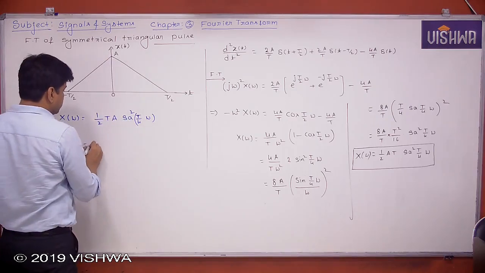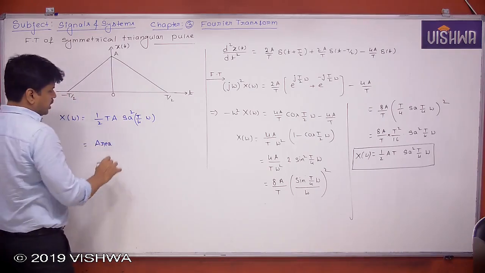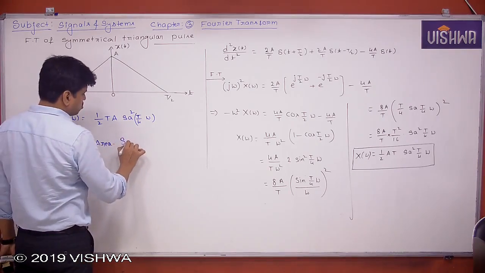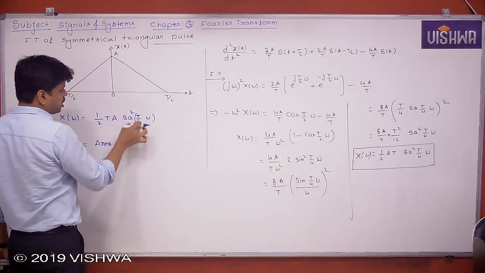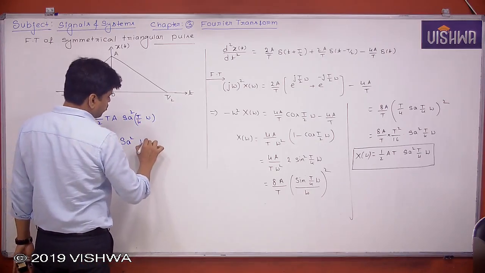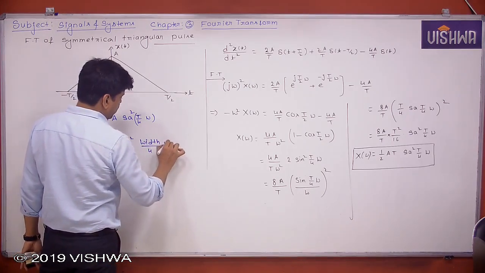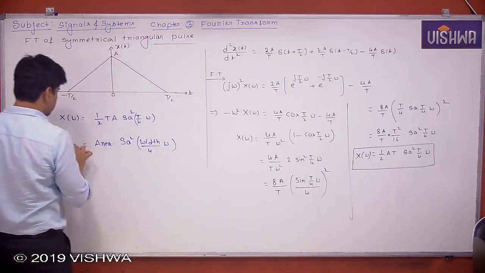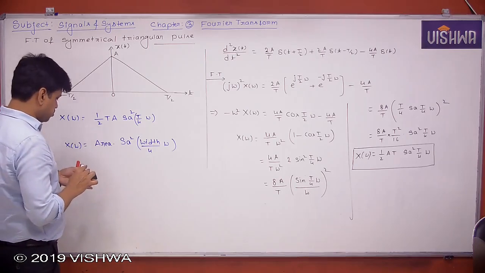So is it nothing but the area under this triangular function? Area, next, sampling square of T by 4. Width is nothing but T, so T by 4 is nothing but width by 4 omega. So this is what X of omega we are going to get.